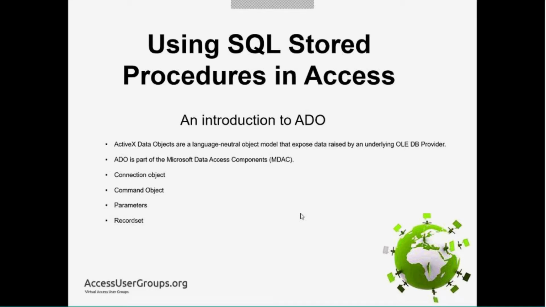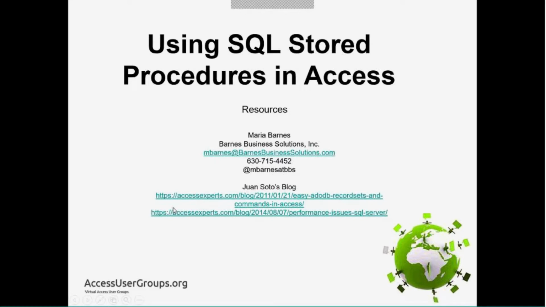The specific objects that we are going to talk about today are the connection object, the command object, parameters to the command object, and using the recordsets with SQL stored procedures.